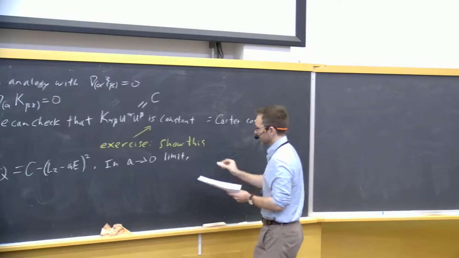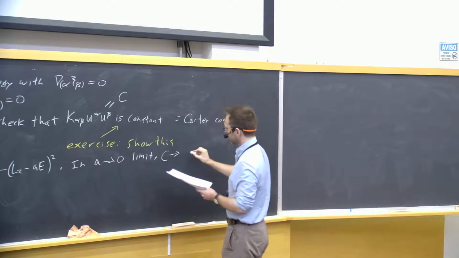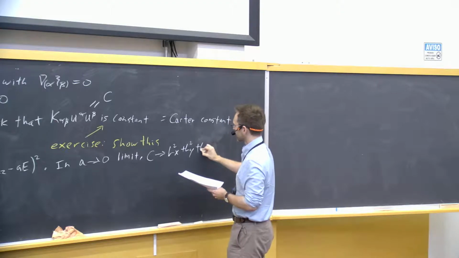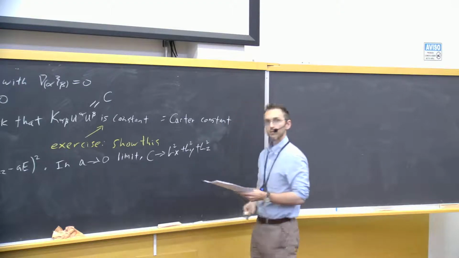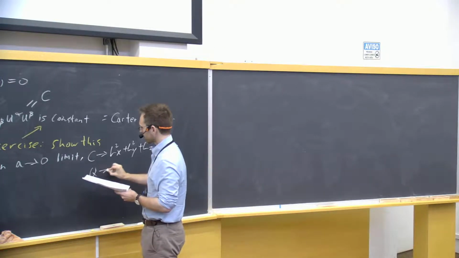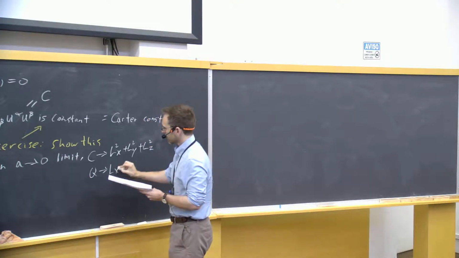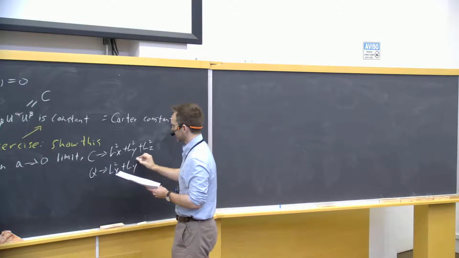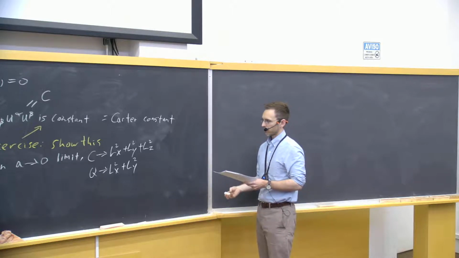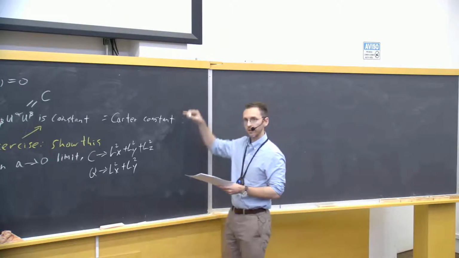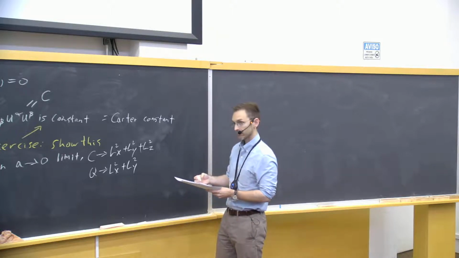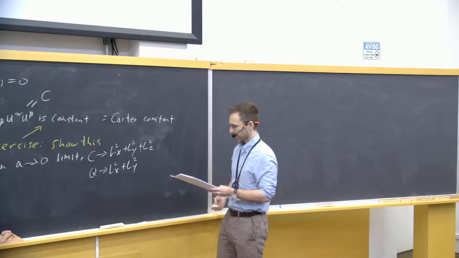In that limit, K is the square of the total orbital angular momentum, and Q is the square of the piece of the orbital angular momentum that's out of the equatorial plane, or out of the theta equals pi over 2 plane.